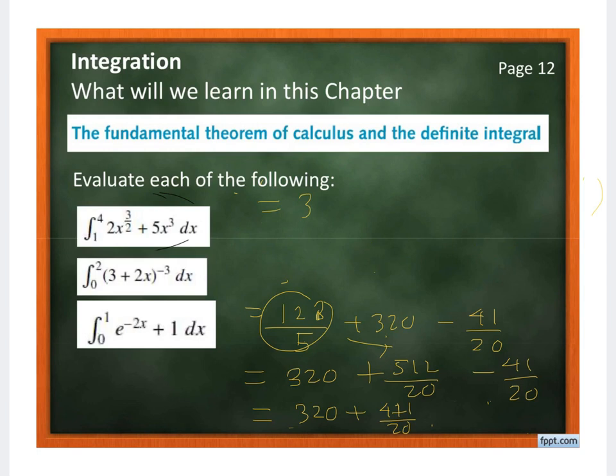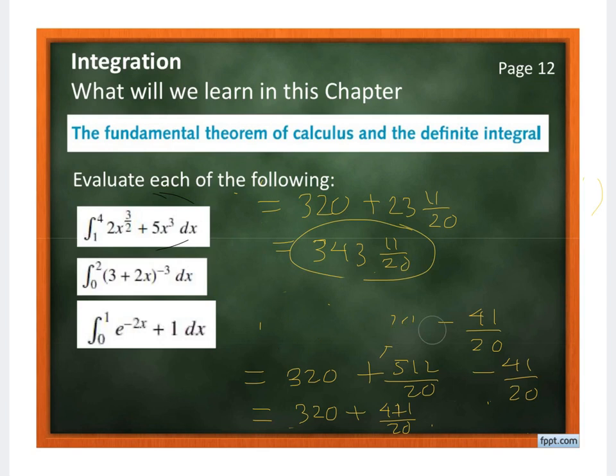Equal 220 plus 23 11/20, 343 11/20. This is the answer.